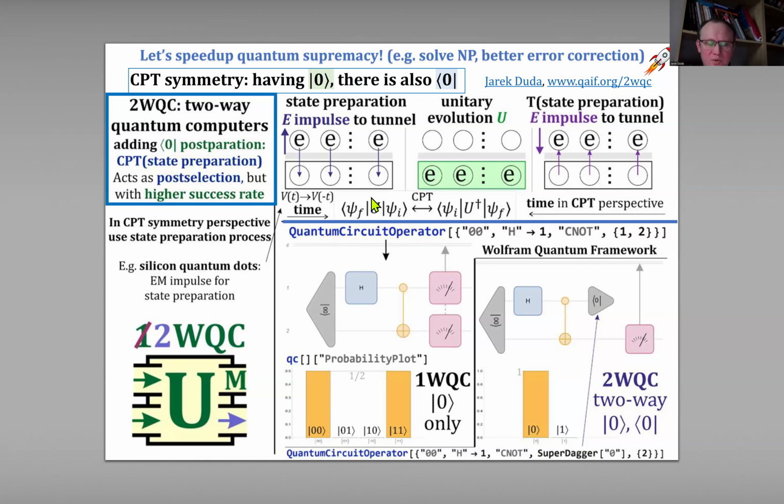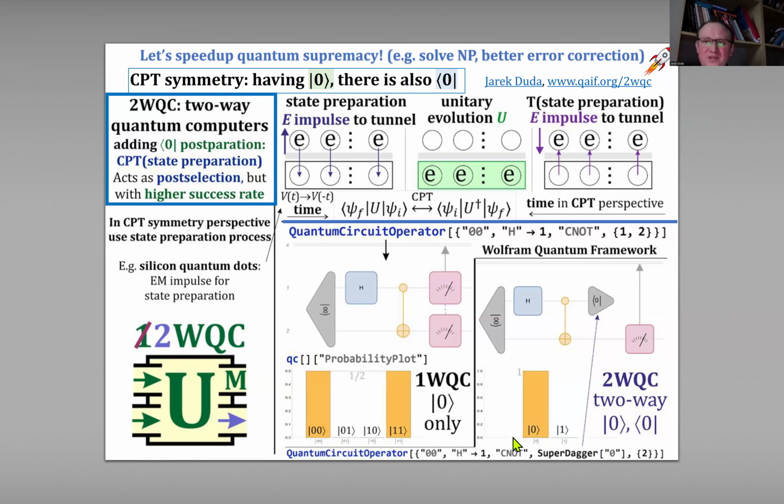Okay, so here is some Wolfram quantum framework. In a standard quantum computer, you have state preparation, some unitary evolutions, then measurement. And in two-way, we additionally can use this post-preparation, the symmetric, conjugated version of state preparation, and it practically works as post-selection, but with higher success.